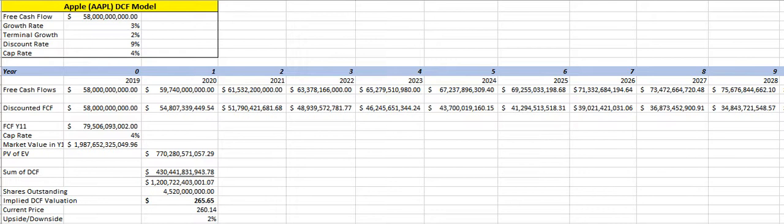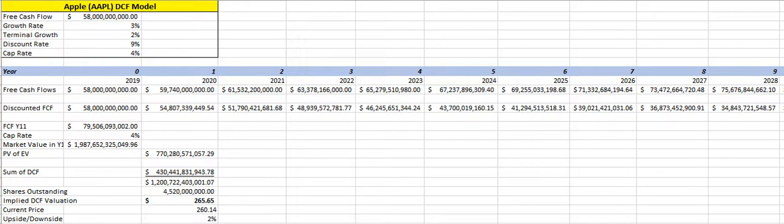You can use a dividend yield to get the projected market value. In this example of Apple, the projected market value in the year 2030, which in this example, I say that in 11 years, say, by 2030, Apple could be worth about double what it is now, almost $2 trillion. In this example, $1.98 trillion.